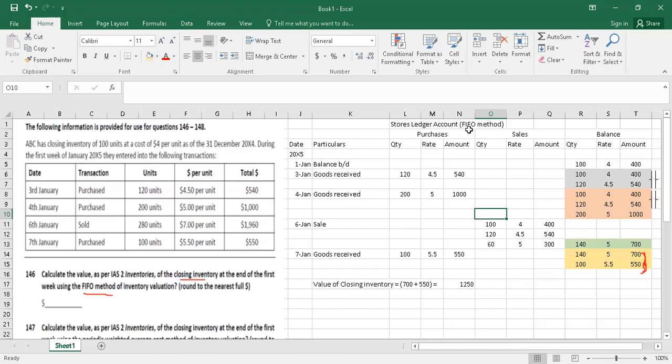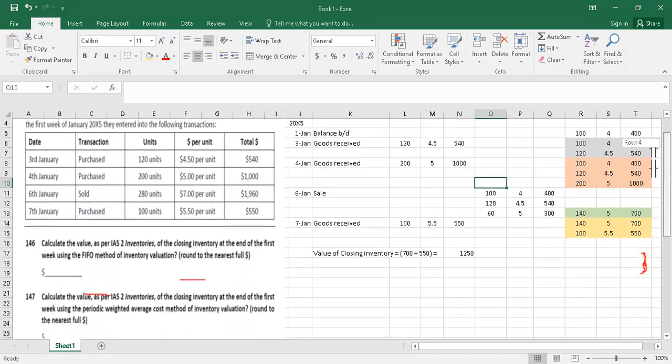Therefore, we are not learning about LIFO numerically, though I will talk about it whenever any explanation relating to it comes up.